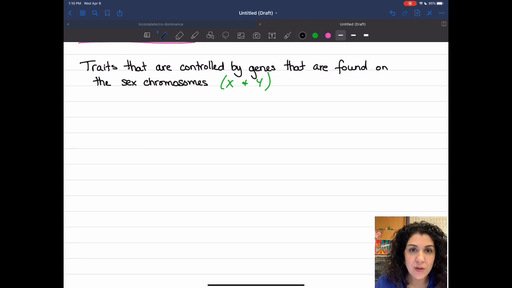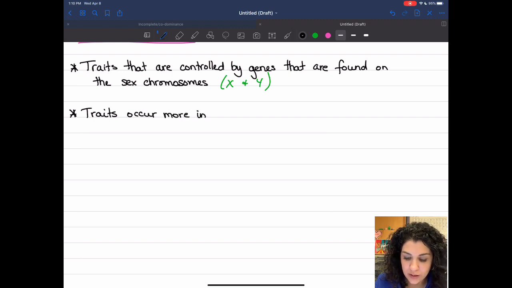And because we find them on our sex chromosomes, these traits will occur more often in one gender or the other.